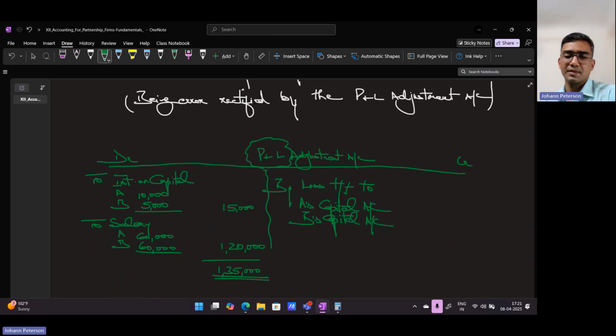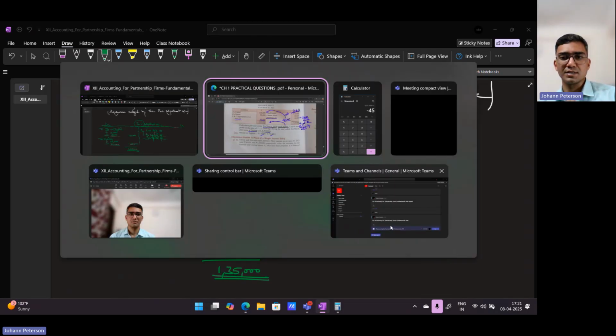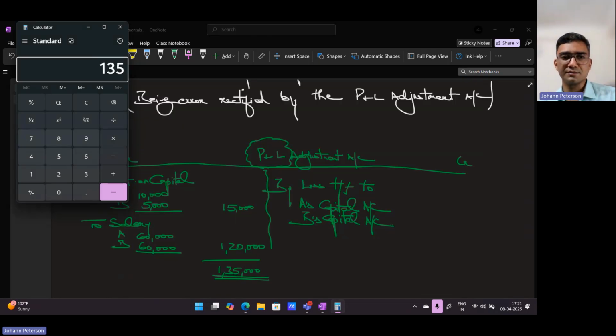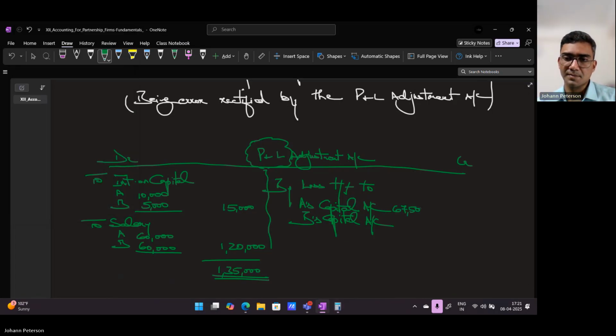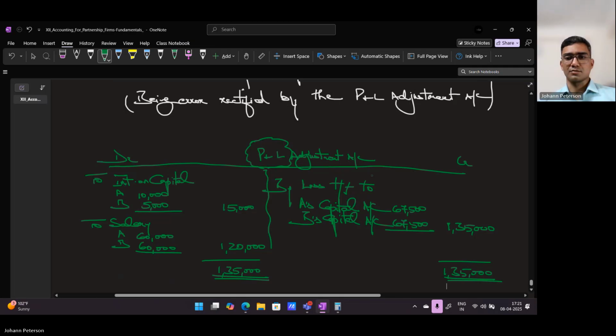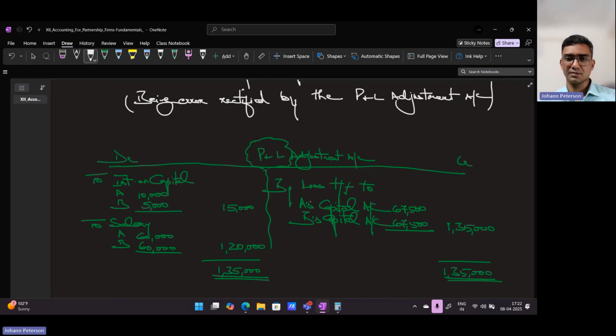And how much will it be? Each of them, since nothing is mentioned, I'll divide it equally. So 1,35,000 divided by 2, which is 67,500 and 67,500, which is 1,35,000 in total. So now I have to do a third entry to transfer this amount into the capital account.